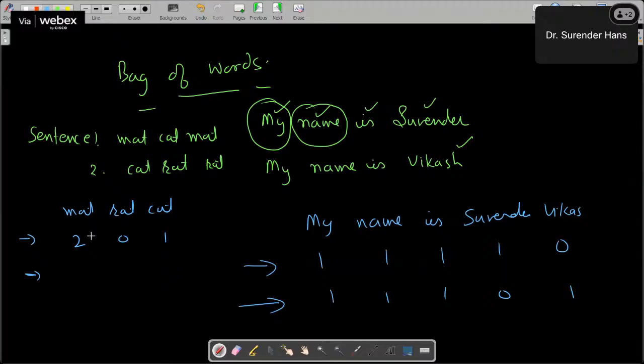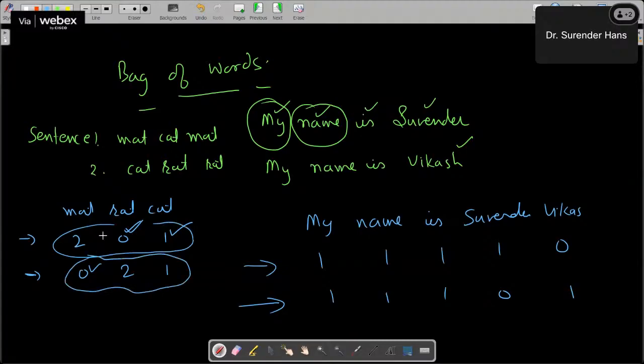How many times did mat appear? 0. Rat appeared 2 times, and cat appeared 1 time. So 2, 0, 1 for the first sentence, and 0, 2, 1 for the second sentence.